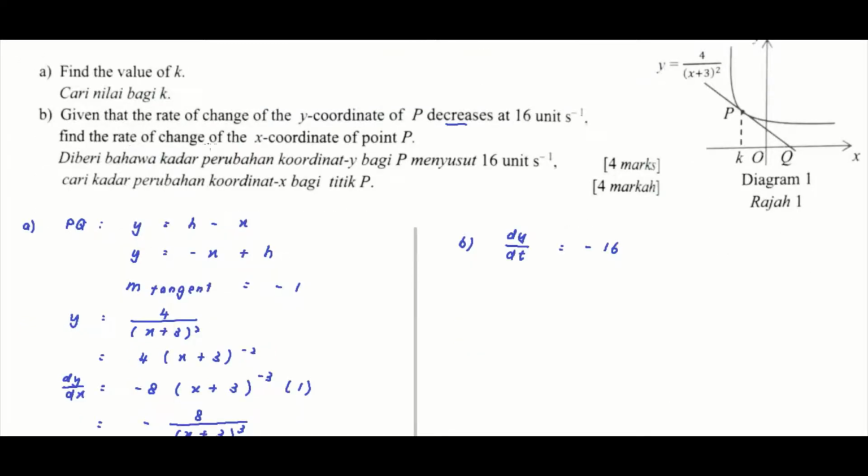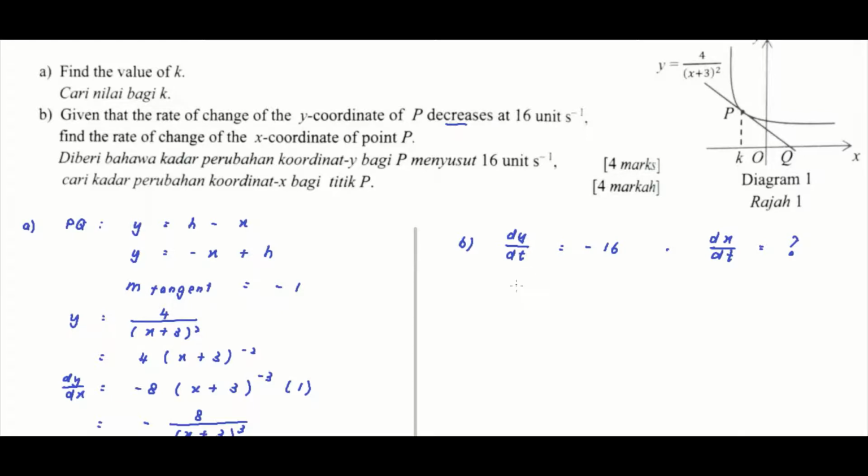So find the rate of change of the x coordinate at point P. That's why the question wants you to find dx/dt for the point P. Since the rate of change all occurs at P, if we want to relate these two together, we must have one common derivative that contains y and x.